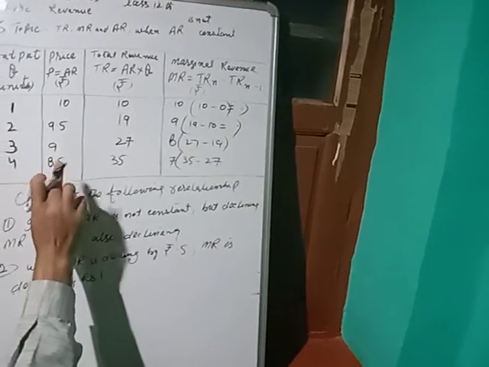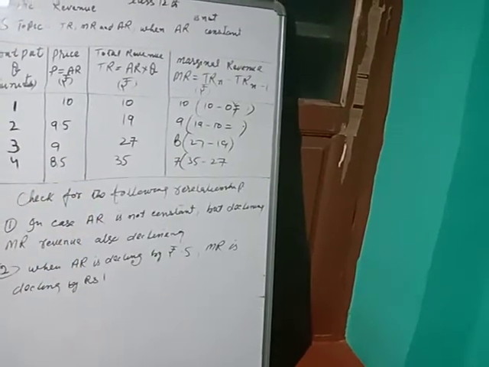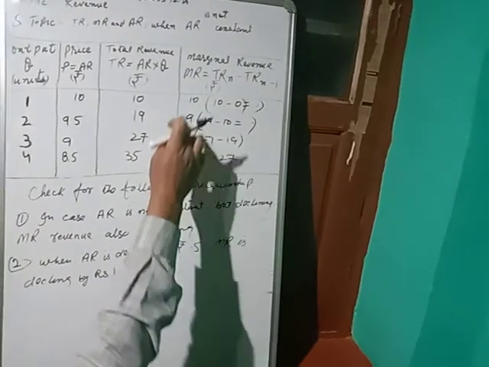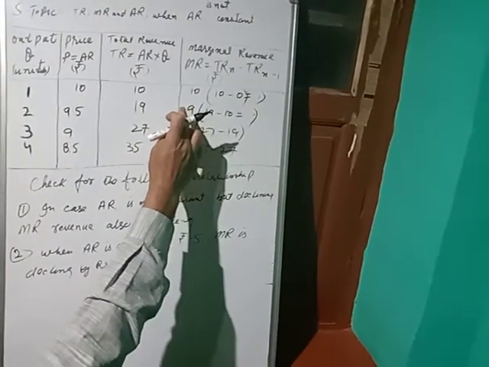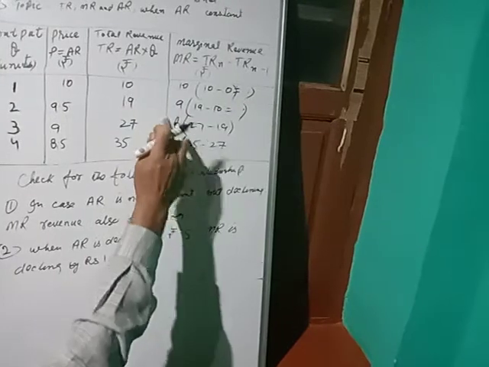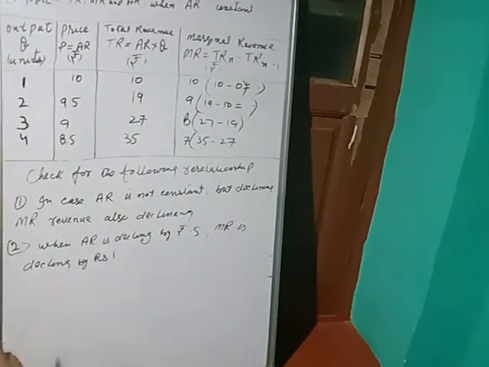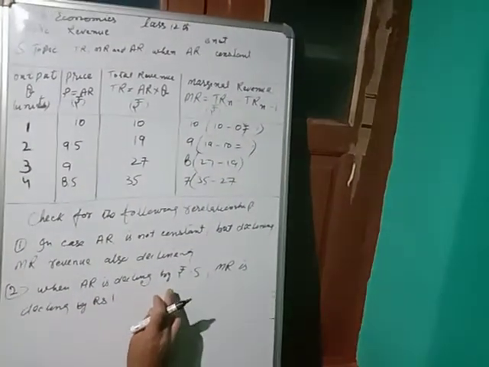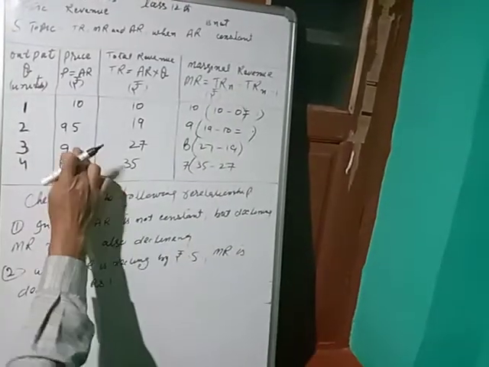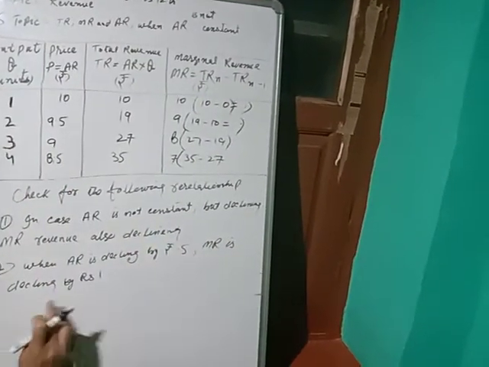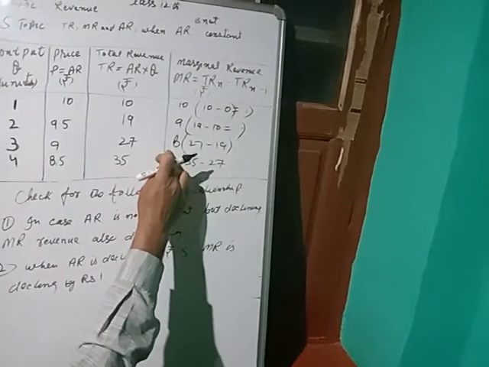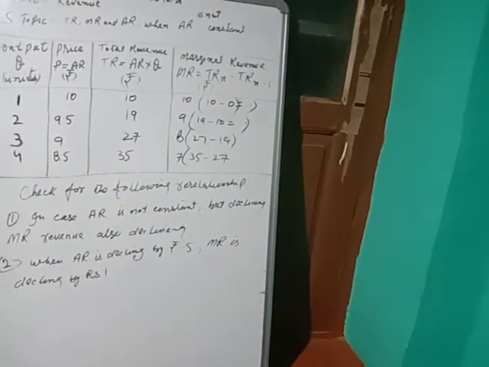But in marginal revenue it is 10, then 9, then 8, then 7. It means that when AR is declining by rupees 0.5, MR is declining by rupees 1.